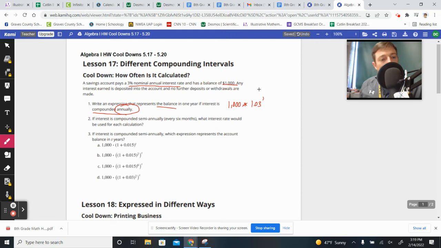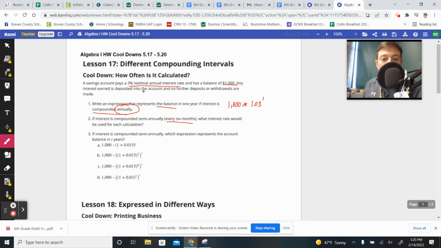Now, number two, we're starting to think about this where it goes from a nominal interest rate into where we're breaking it down by the number of times that it happens. So if interest is compounded semi-annually, that means they're going to do it every 6 months. That's going to be twice over the course of that year. What interest rate would we use for this calculation?